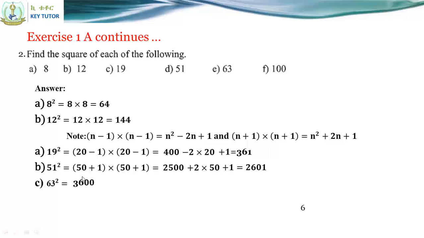63 square. Alright, it is as in the previous case, if you remember, it is 60 plus 3 the whole square. 60 square is 3600 plus 2 times 60 times 3 plus 9, which is 3 square.